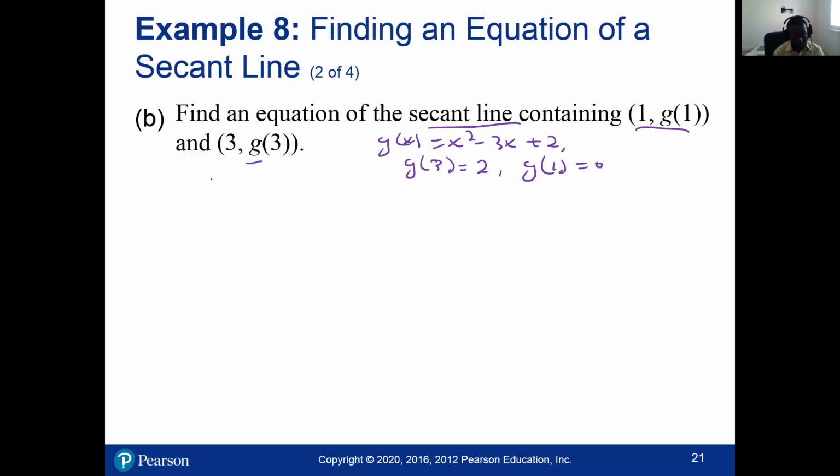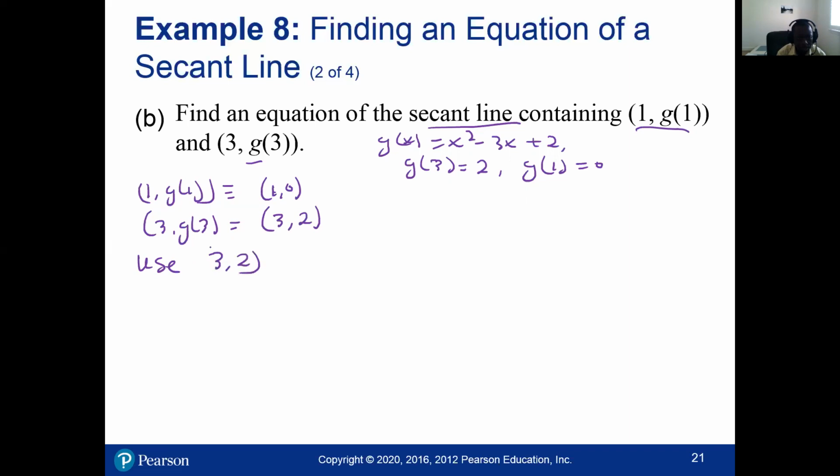So these points, 1 comma g of 1 is basically the same as 1, 0. And 3 and g of 3 is the same as the point 3, 2. Okay, so if you pick any of the points, let's use the point 3, 2.